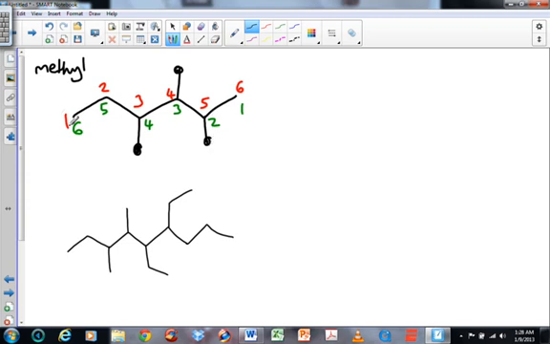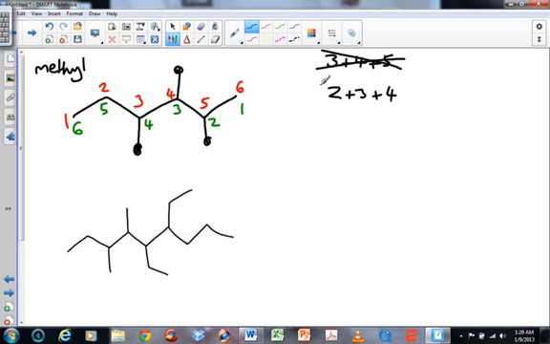Counting from the left, our substituents are on carbons 3, 4 and 5. 3 plus 4 plus 5 is 12. When we count from the right, our substituents are on carbons 2 and 3 and 4. 2 plus 3 plus 4 is 9, versus 12. You always want the lowest number possible, so that's why in this case we count from the right.